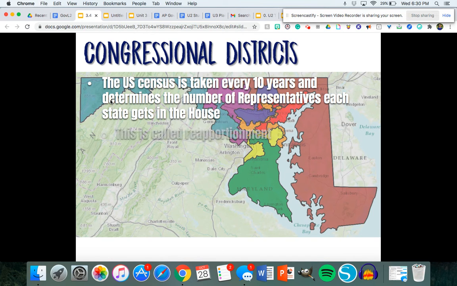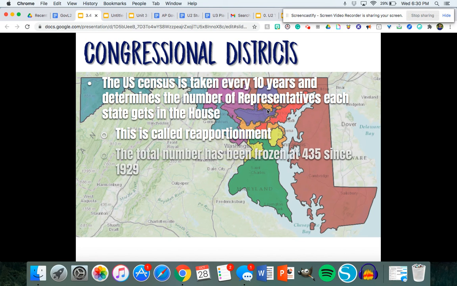Every 10 years, that number of representatives given to each state can change. This is called reapportionment, when we are redistributing the number of representatives each state gets in the House based on population. So every 10 years, states are reapportioned.